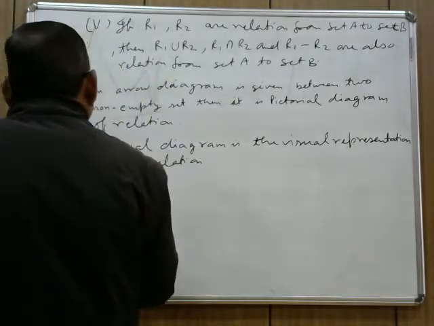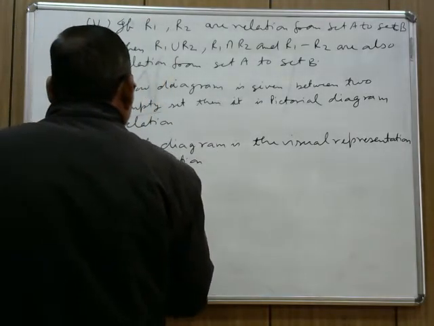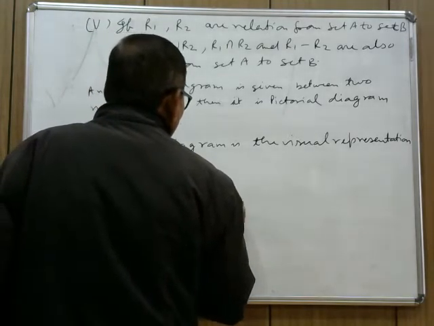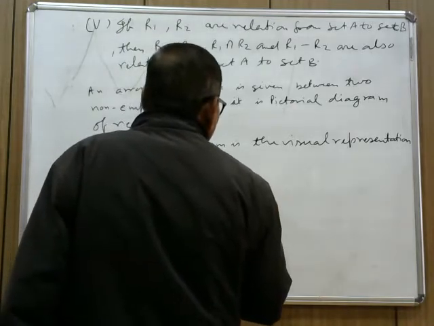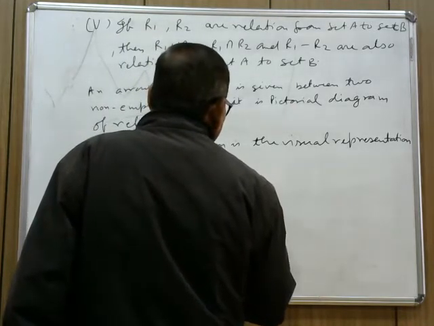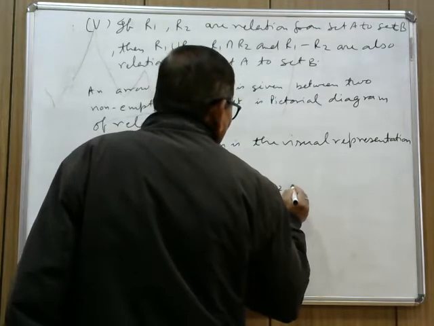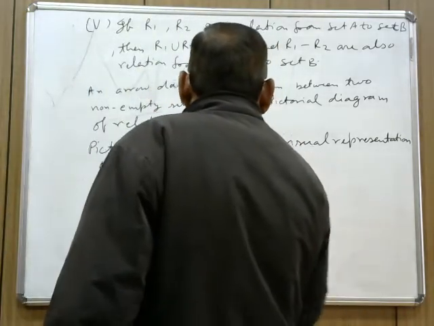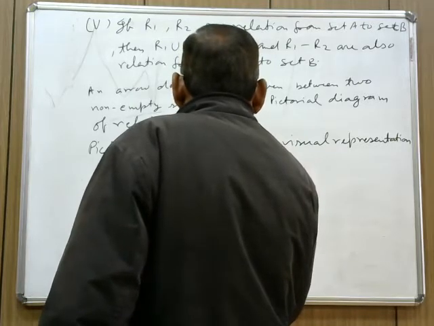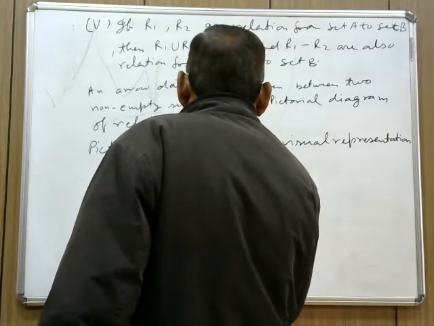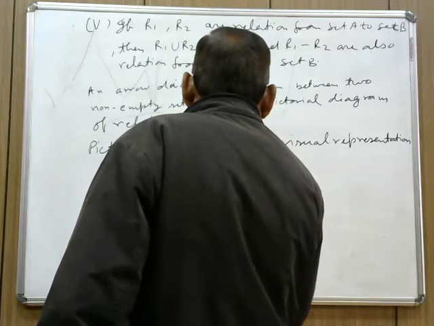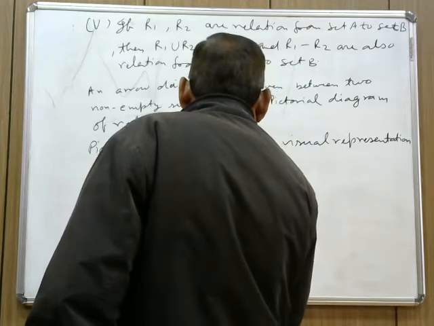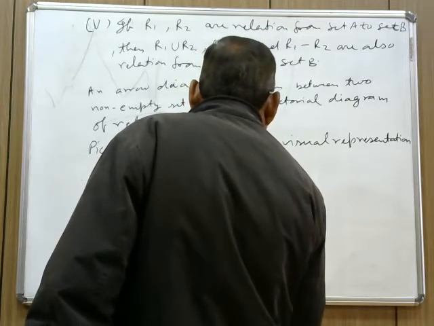If I define a relation R as an ordered pair (A, B) such that B equals A plus 1, and A assumes the values 0, 1, 2, 3. So in this case, if A is 0, B is 1; if A is 1, B is 2; if A is 2, B is 3; if A is 3, then B is 4.